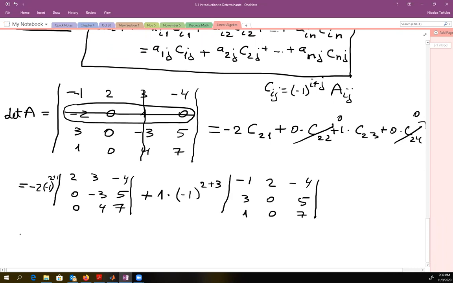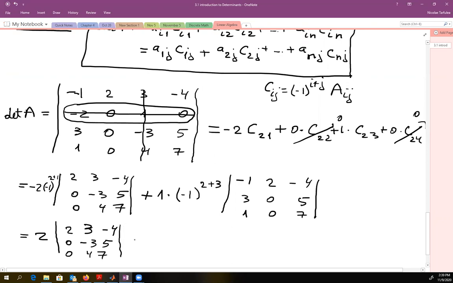Okay, now look what we got. So we got 2 times this determinant, which is not very hard to compute. And you should tell me why. You should take advantage of the 0 entries, right? We should take advantage of that. Well, 4, 7.